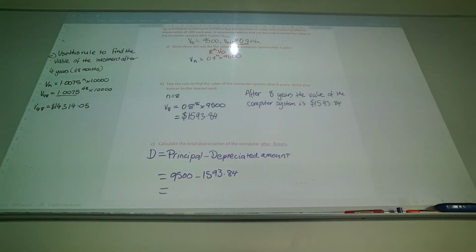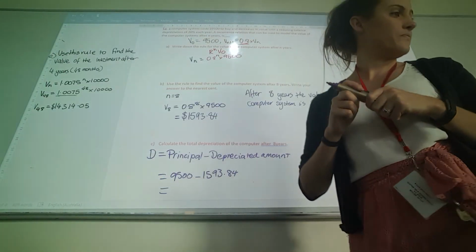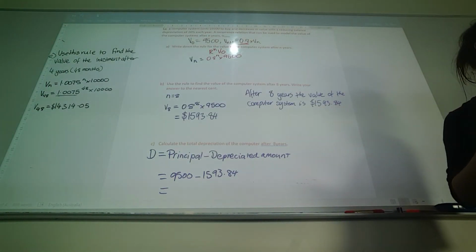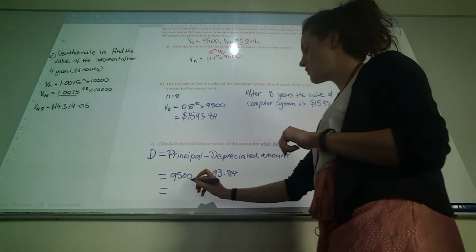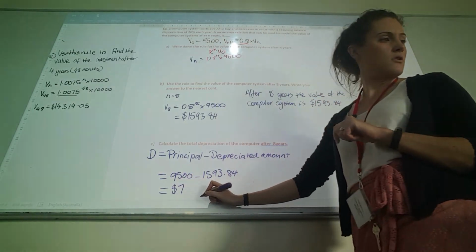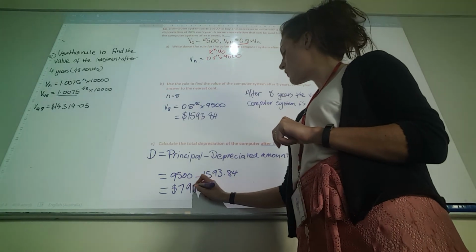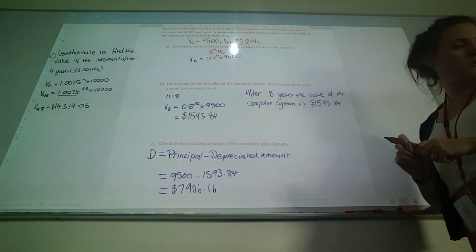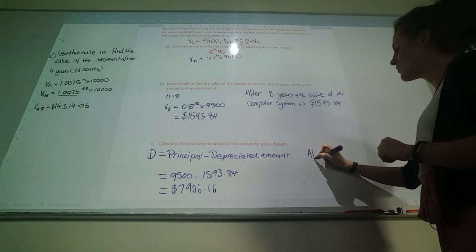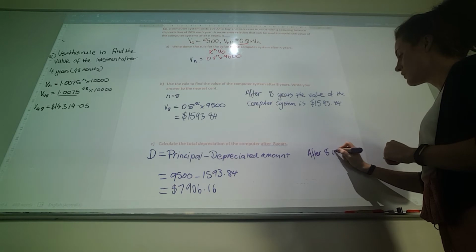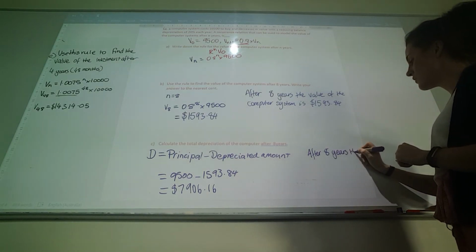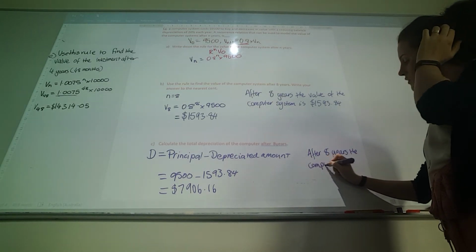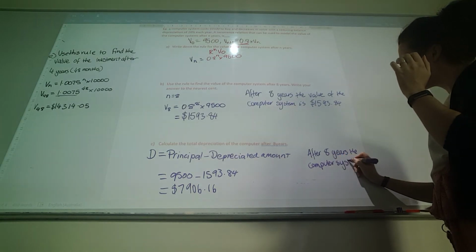Everyone okay with where I got those numbers from and what we're doing? Yes. So principal, 9,500 minus 1,593.84 equals 7,906.